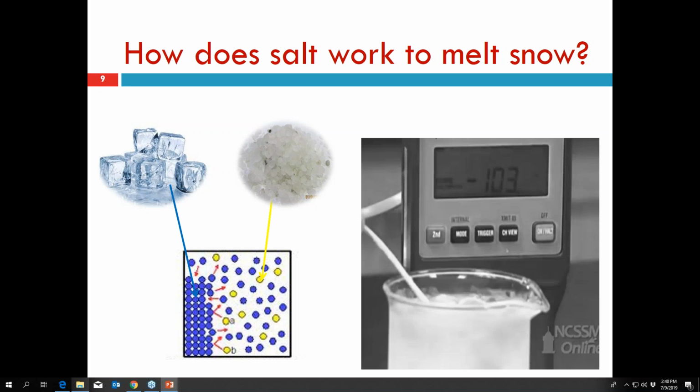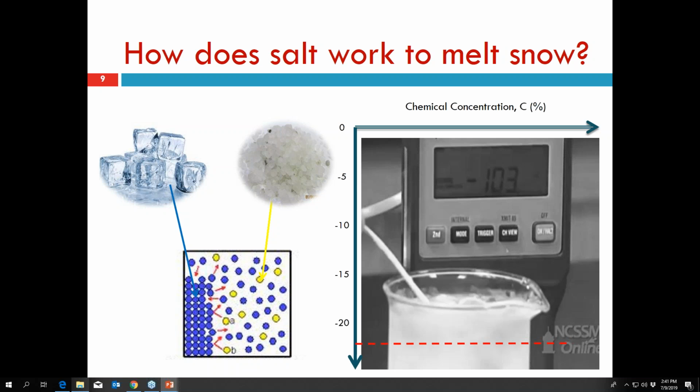Based on the salt amount, it can go as low as theoretically minus 23 C. But in the practical world, we notice that salt works down to about minus 10 or minus 12, depending on the snow amount and the chemical concentration.